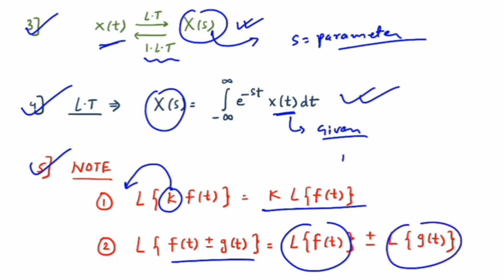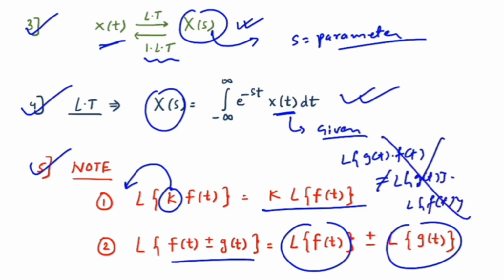But make sure that if you have Laplace of g of t into f of t, you cannot split it into Laplace of g of t into Laplace of f of t. It is not possible. So if two functions are added or subtracted, then you can split the Laplace. But if they are multiplied or divided, then you cannot split the Laplace.